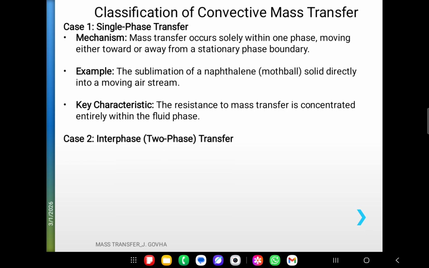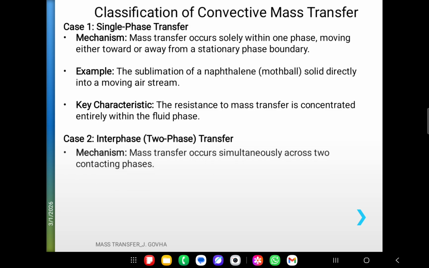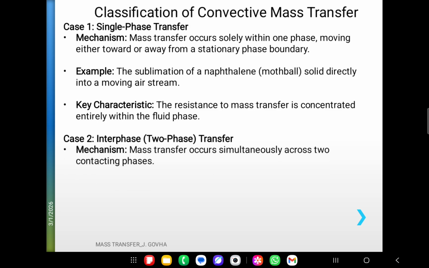Then case 2, interface, two-phase transfer. Mass transfer occurs simultaneously across two contacting phases. So this is phase 1 and phase 2, and this is the interface boundary there.